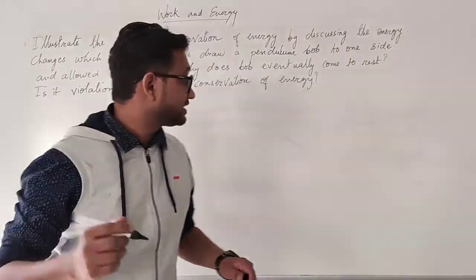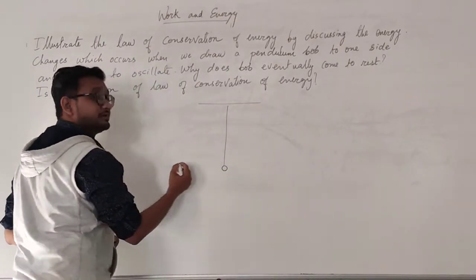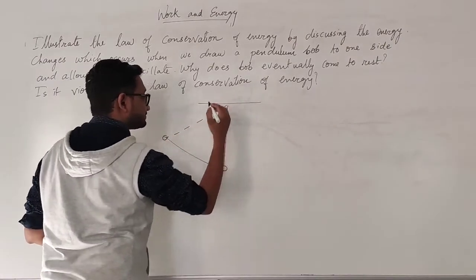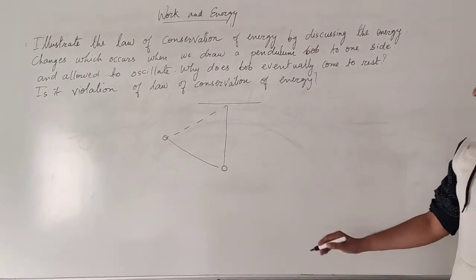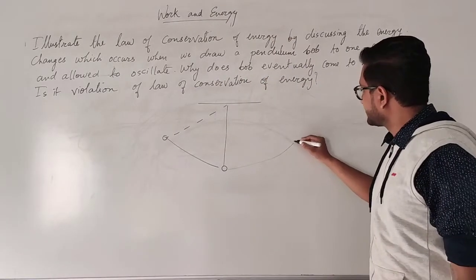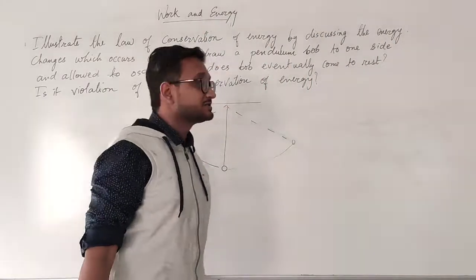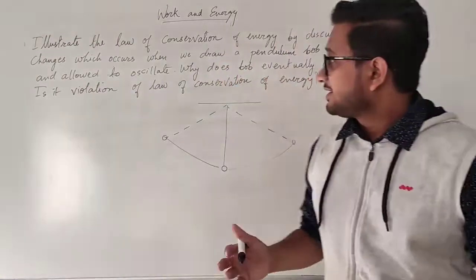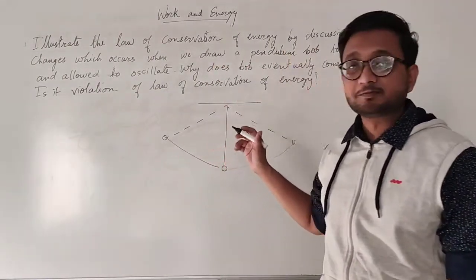So they are saying that we have a suspended pendulum bob, okay, and it is taken to one side. Obviously, when you release this bob from this side, it is going to oscillate and go to the other side like this. We know how a pendulum works. So they are saying explain the energy changes and the law of conservation of energy for this pendulum.